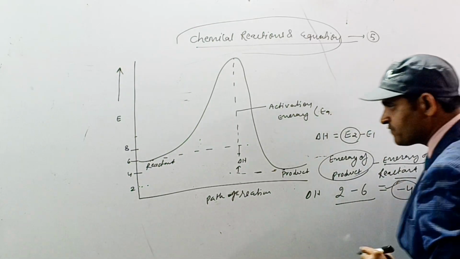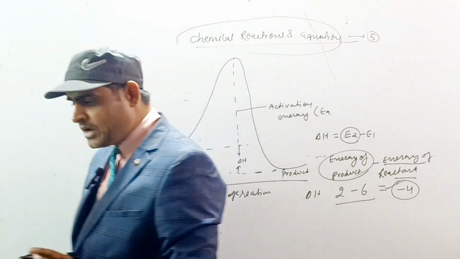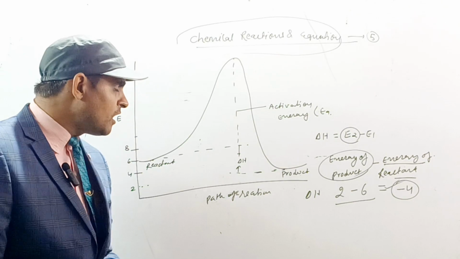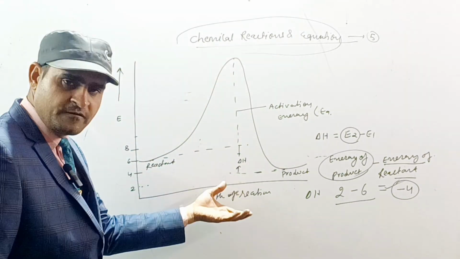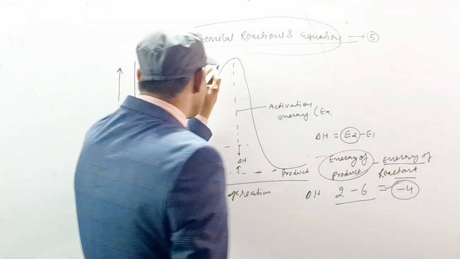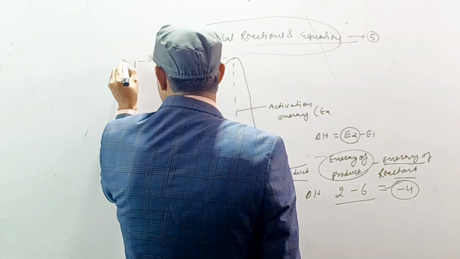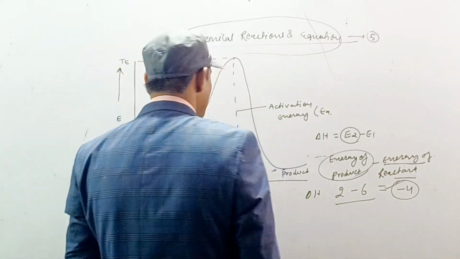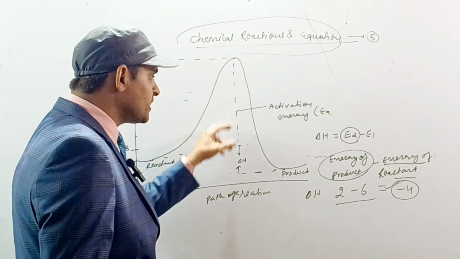So we can say in the exothermic reaction the graph is shown like this, and this is the threshold energy. What is the activation energy?